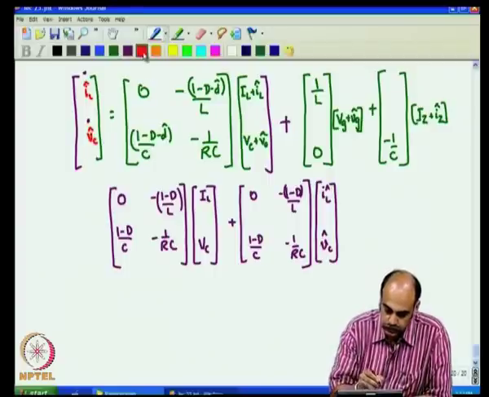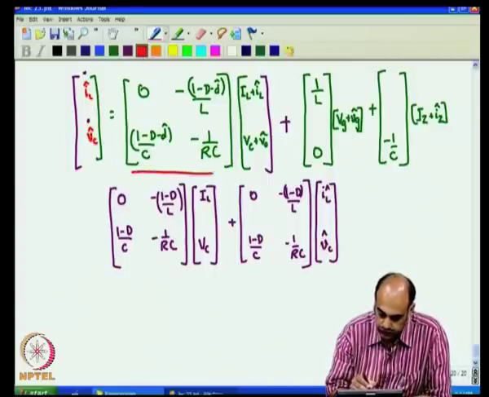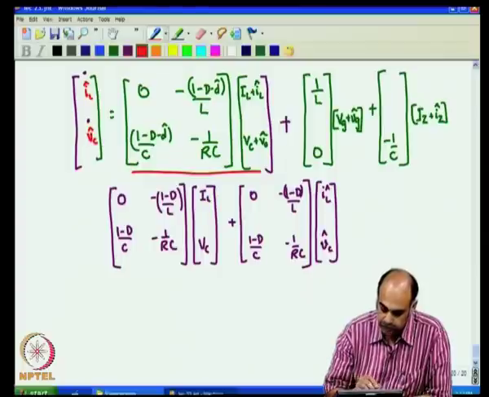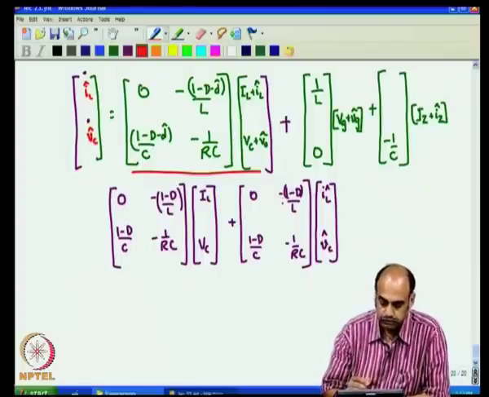So, this matrix is split into these two parts.